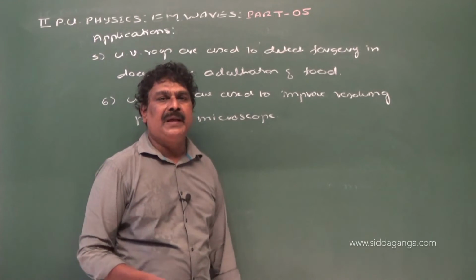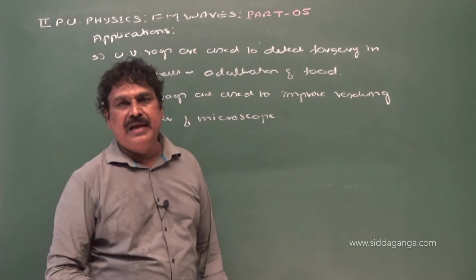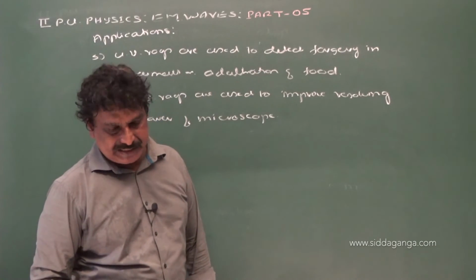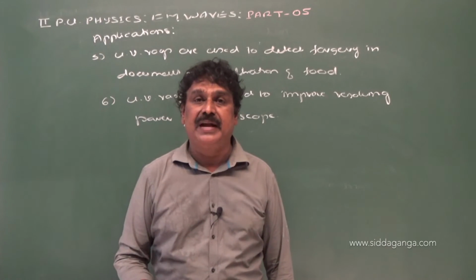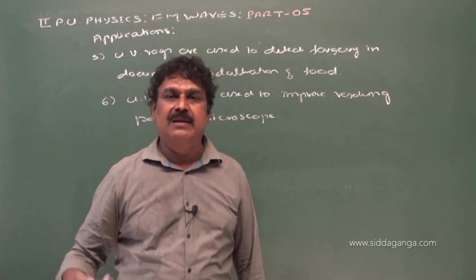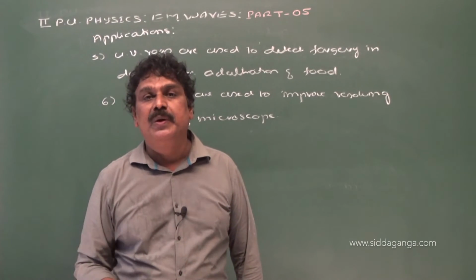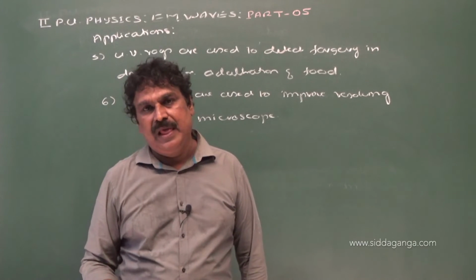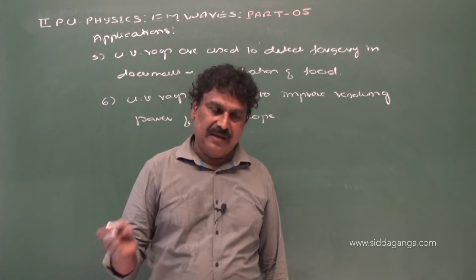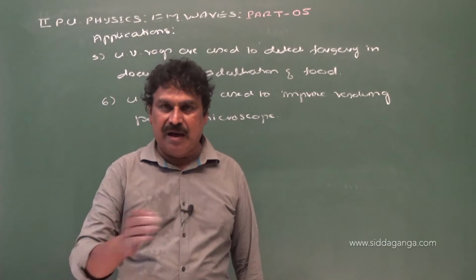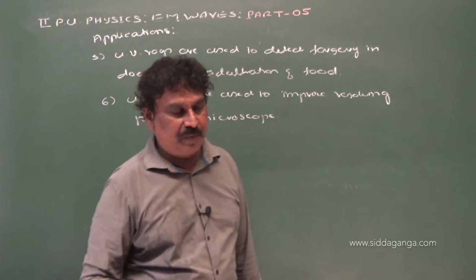But visible light has more wavelength and resolving power is less, since resolving power of microscope is inversely proportional to wavelength. So visible light can be replaced by ultraviolet radiation so that we can improve the resolving power of microscope, and such a microscope is called an ultra microscope. There are air microscope, oil immersion microscope, ultra microscope and electron microscope, right?